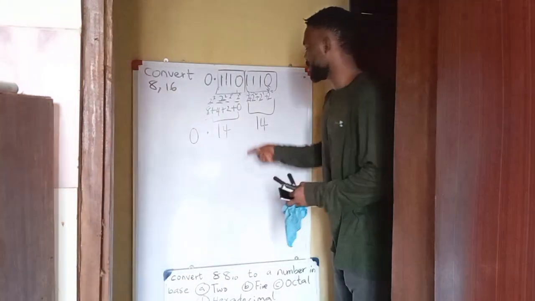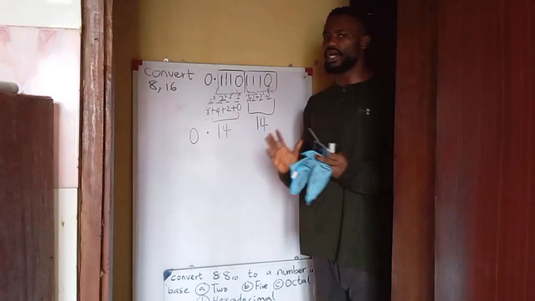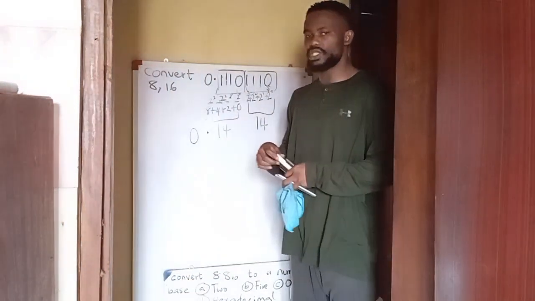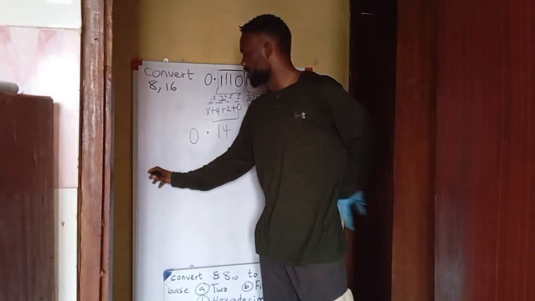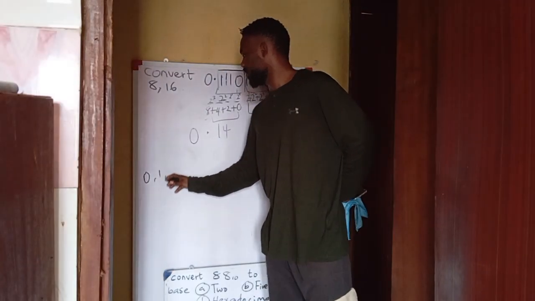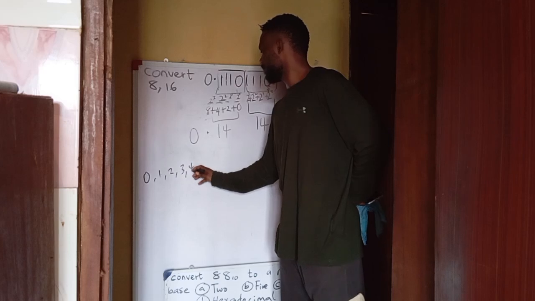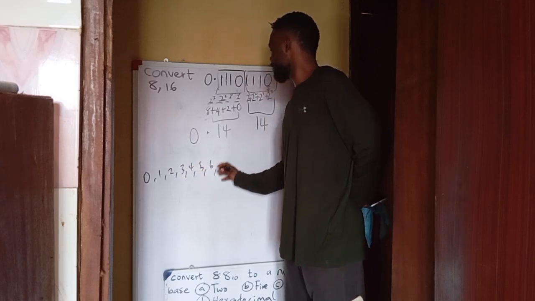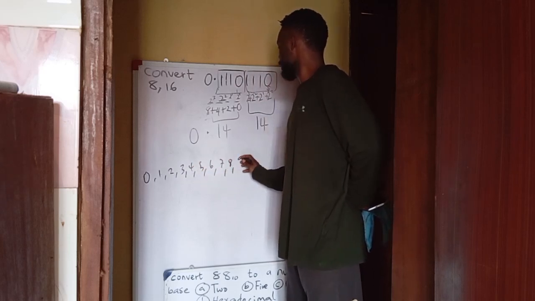The mistake most students make is they want to start adding. You don't add. Remember that base 16 numbers have 0, 1, 2, 3, 4, 5, 6, 7, 8, 9.